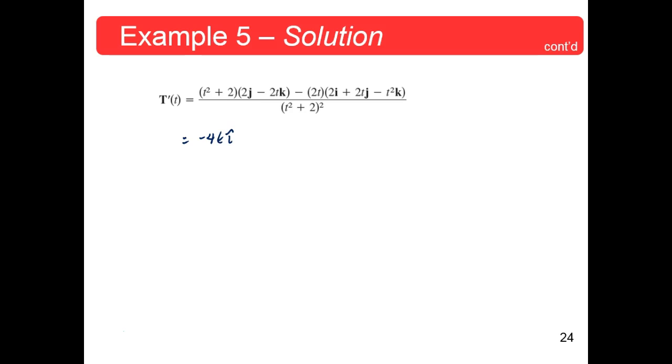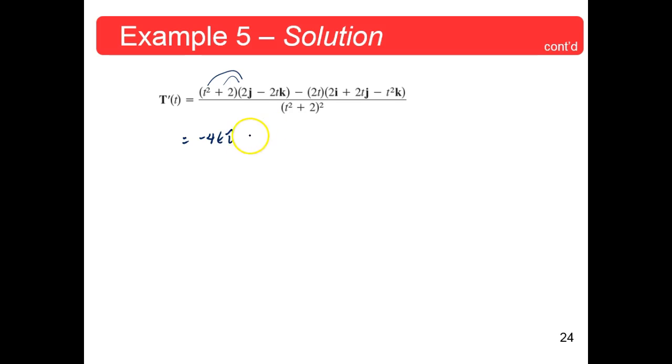Boy. The i part was fairly easy. There's just one term, minus 4ti. The j term is a lot messier. First you have 2t squared j plus 4j minus 4t squared j.